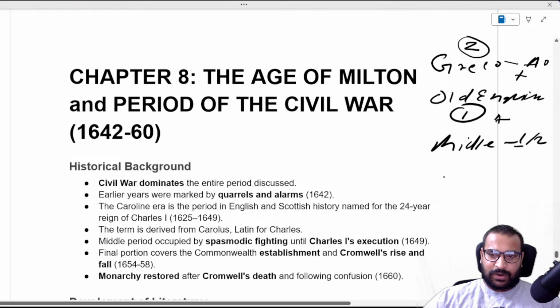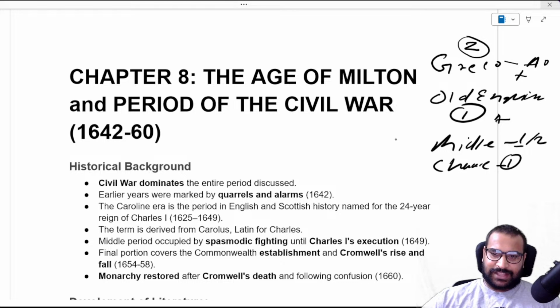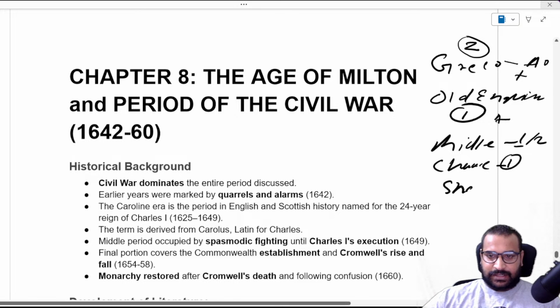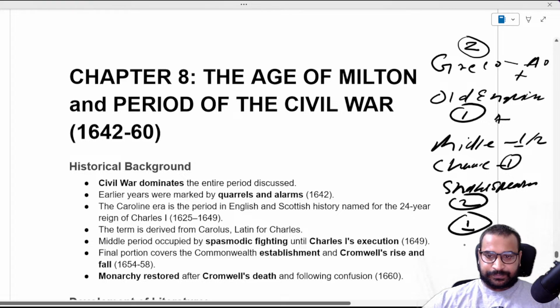And then we talked about Chaucer and his contemporaries, so altogether you get one question. So we have two, three, four, and five questions from there. Then we have the Shakespearean or Elizabethan period, where we usually get two questions from Shakespeare, one from the University Wits, and a couple more.